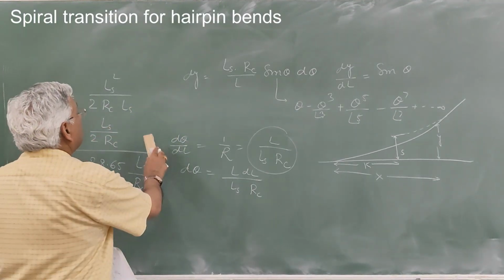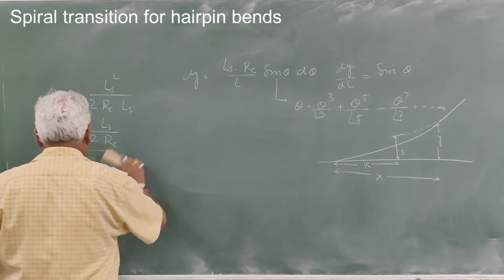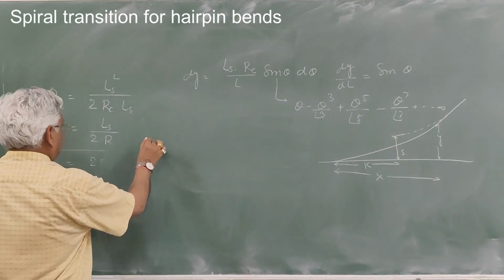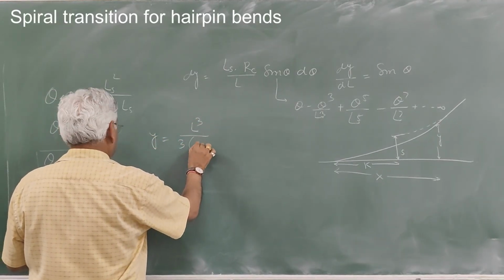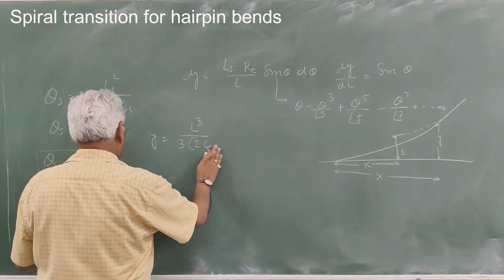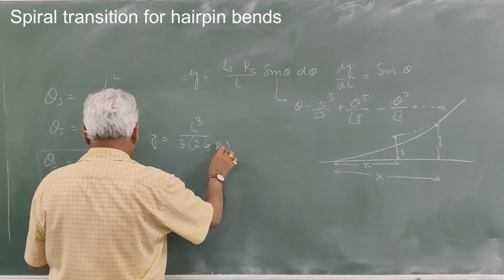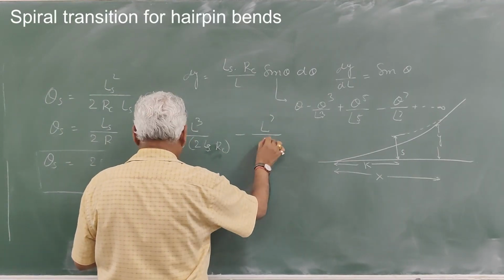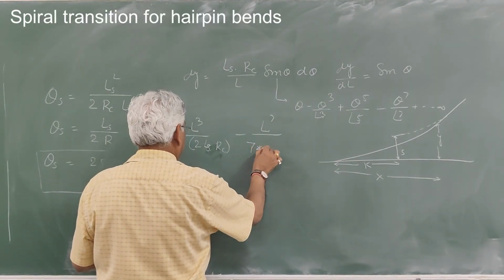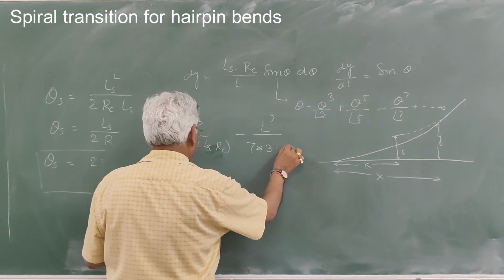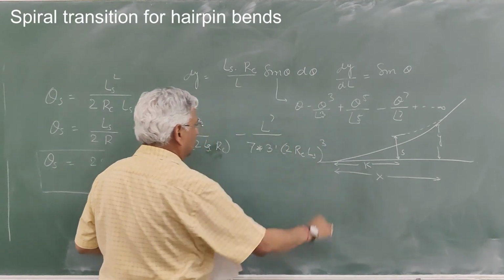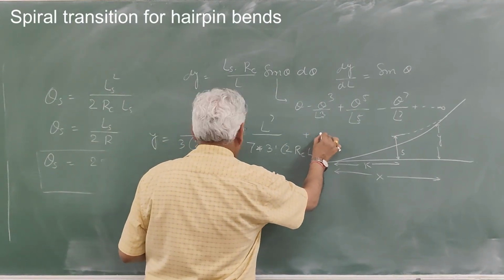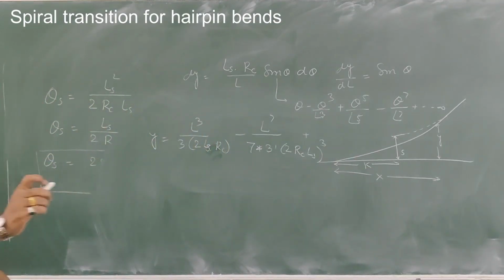So the y value will be L cube upon 3 into 2 Ls into Rc, minus L power 7 upon 7 multiplied by factorial 3 into 2 Rc into Ls whole cube, plus L power 9, and so on, all these terms.